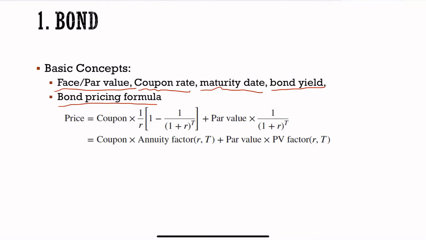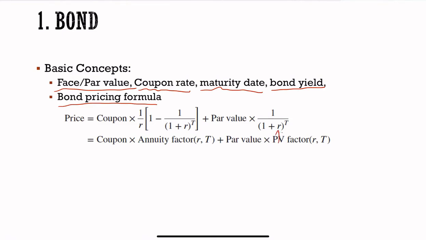Okay, about using the bond pricing formula, there are basically 2 major applications, right? First, you can use the bond pricing formula to find the price of the bond. Or given the price of the bond, you can find out what is the bond yield, right?